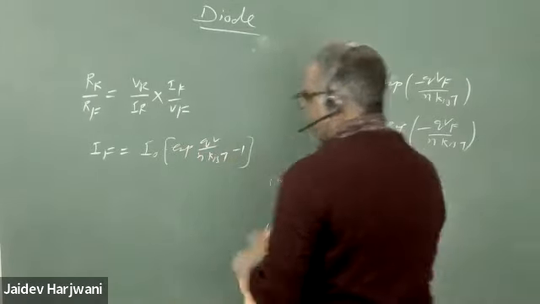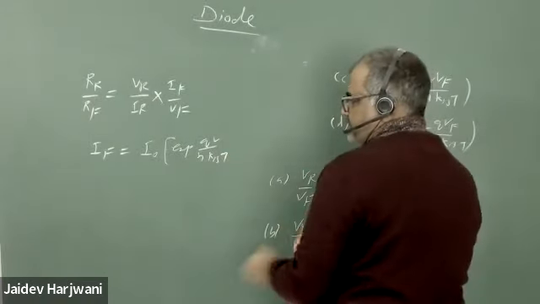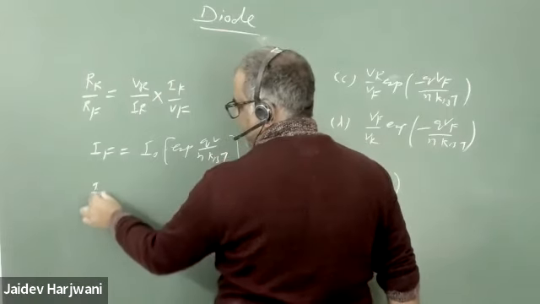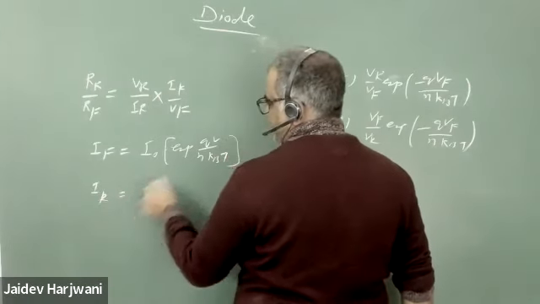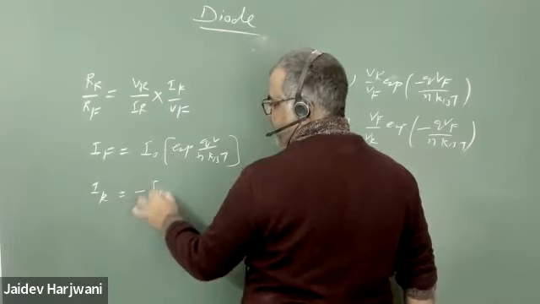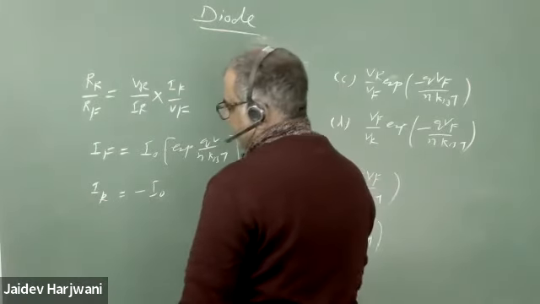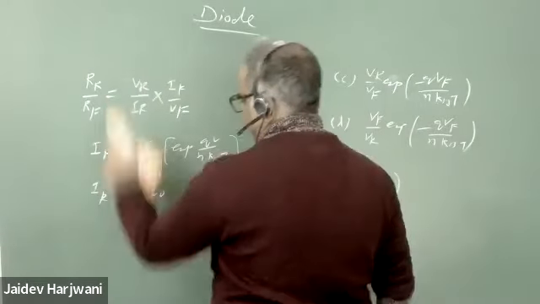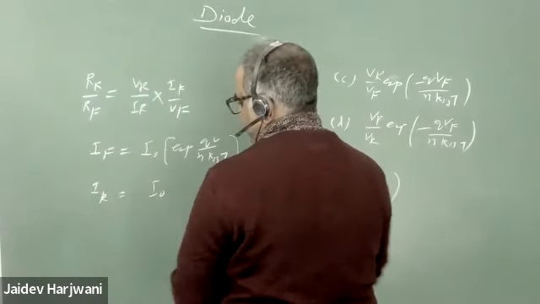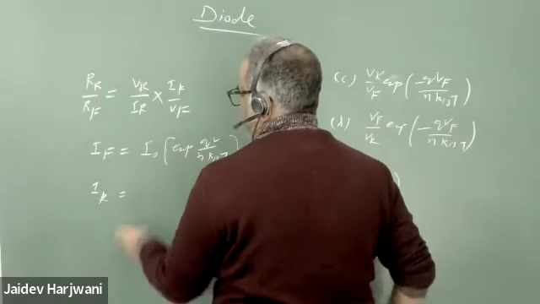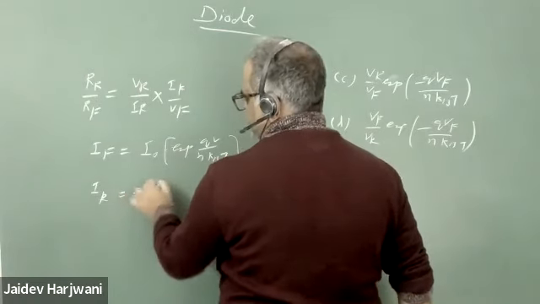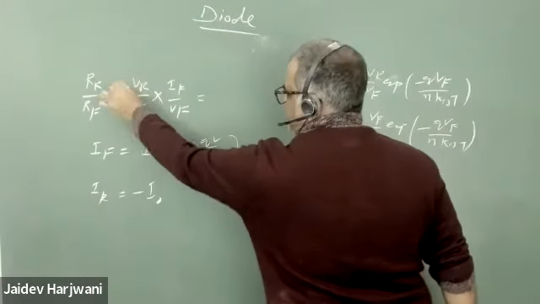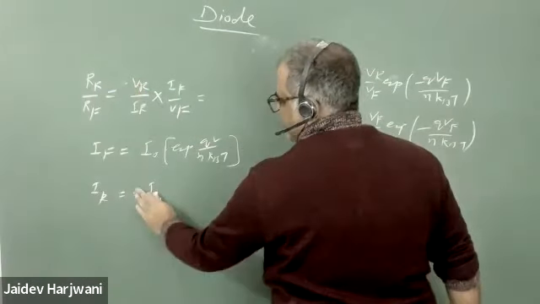So IF is simply your I saturation exponential of qV upon eta kBT minus 1. This is forward bias, so you can neglect the 1. So this is your forward current, and the reverse current IR is simply, when you put minus here, it comes out as minus I naught. But you take a resistance ratio, so that will also be in the negative direction, so you can take IR equal to I naught. You can take minus I naught, I have no issue. Then VR will also be minus, so the minus finally cancels.